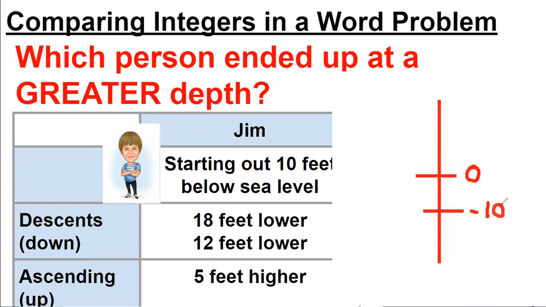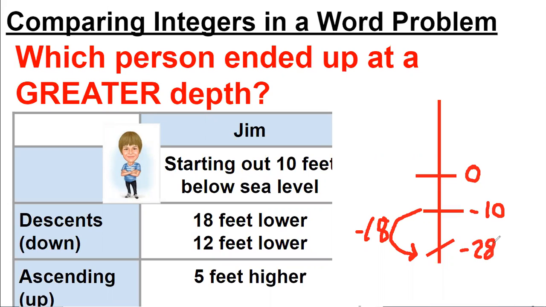And then he's going to go down 18 feet lower. If he goes down 18 feet, where is he going to be now? Went down negative 18 more. Right, he should be at negative 28, right? How did I get that? I added negative 10 and negative 18.